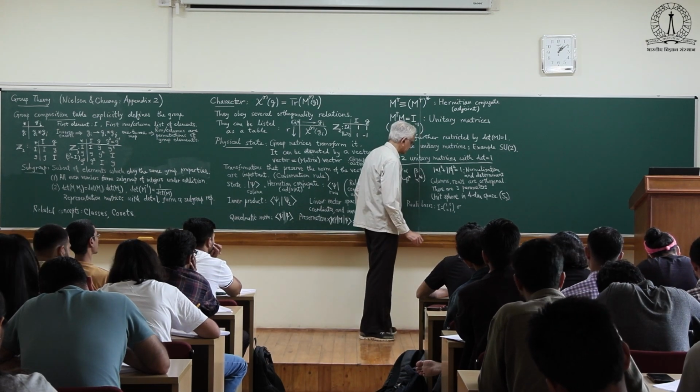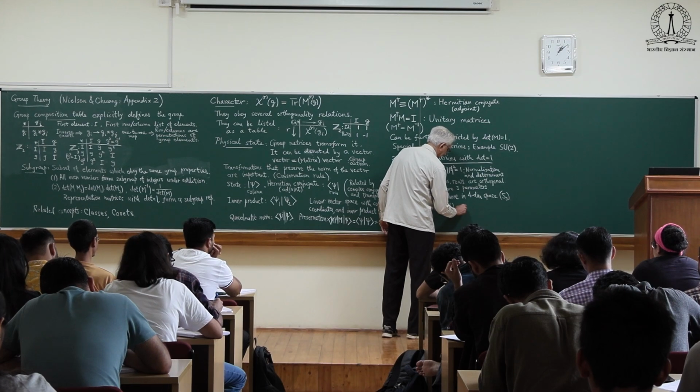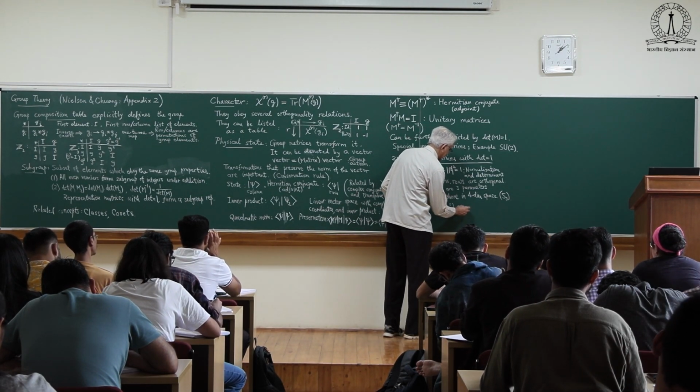Then, both the labels are used, so I can write it as 1, 2, 3, or sometimes people also write it as x, y, and z.